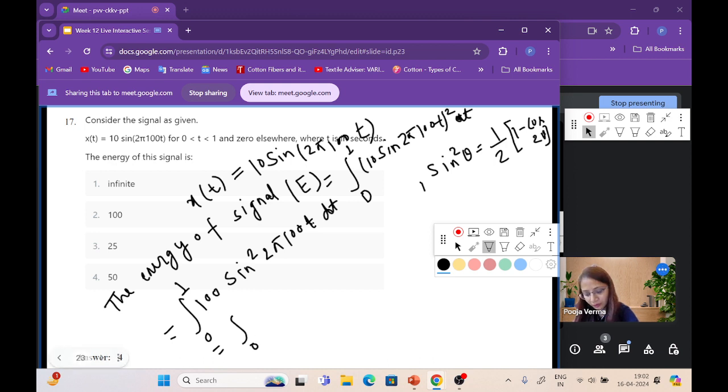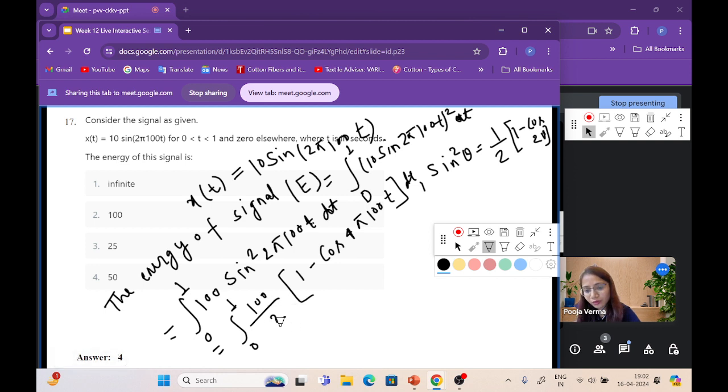So 0 to 1, 100 divided by 2, 1 minus cos 2 into 2 pi, so 4 pi 100 t dt. Okay. Now it is 50.